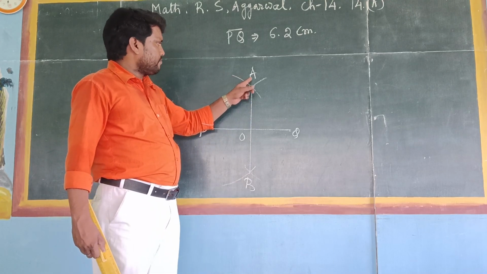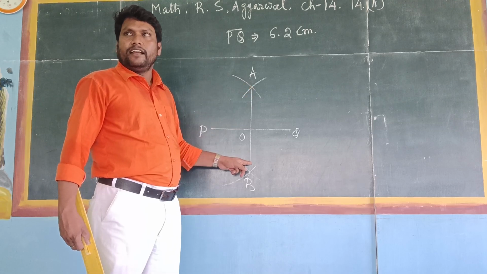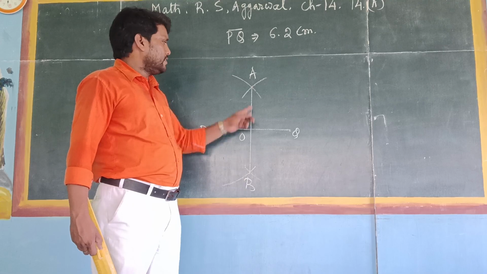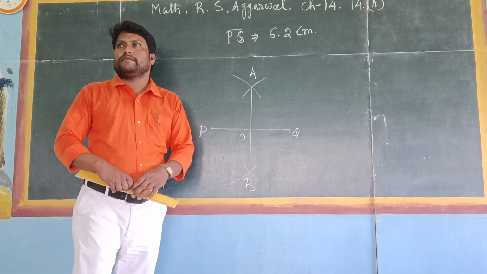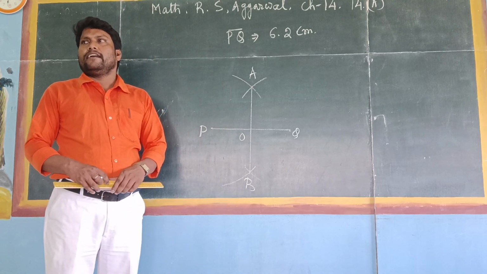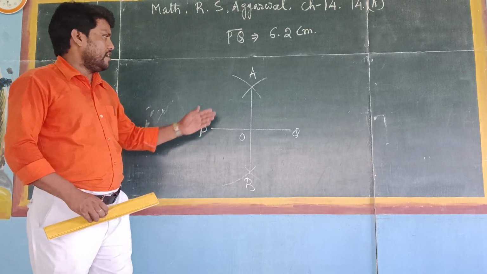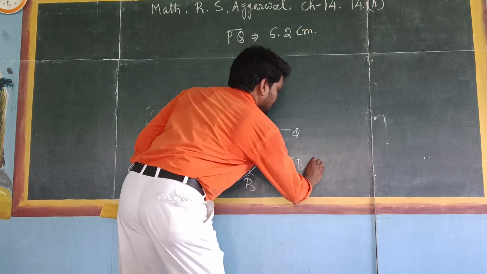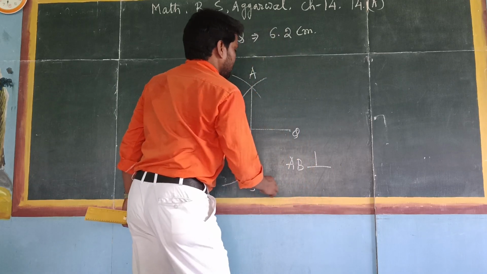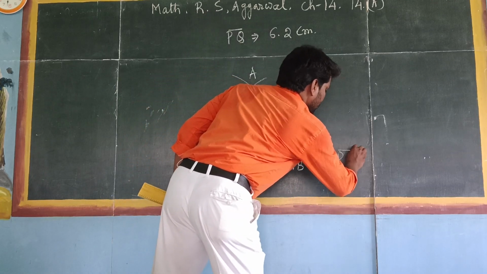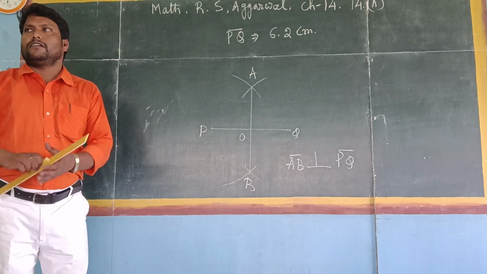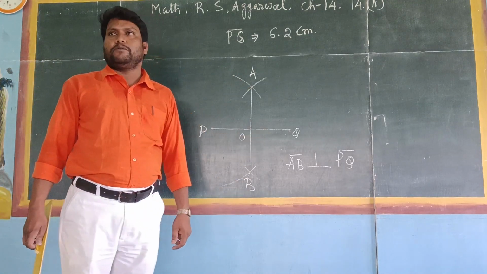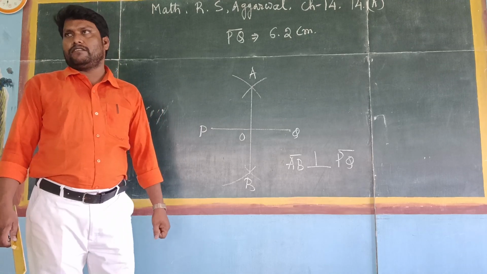We see that the two intersecting points meet at A and B, then join A and B. So AB is the perpendicular bisector of PQ. So this is the first method.